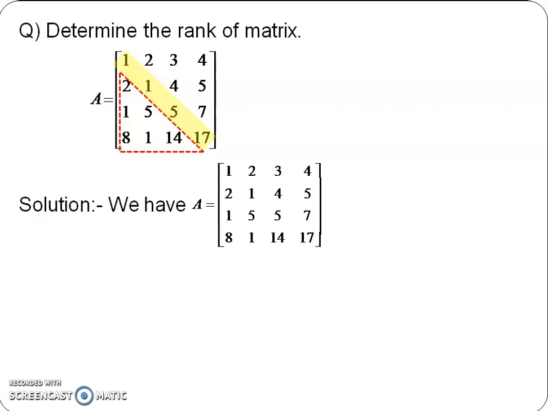And the operation that we have to perform for making this element 0, for 2, 1 and 8, we have to use R1. To make these two elements 0, we have to perform the operation with the help of R2 row, and for making this 14 to 0, we have to perform the operation of R3.